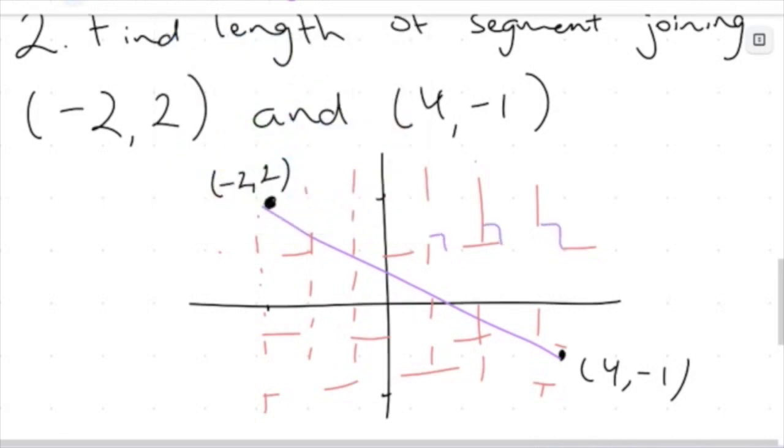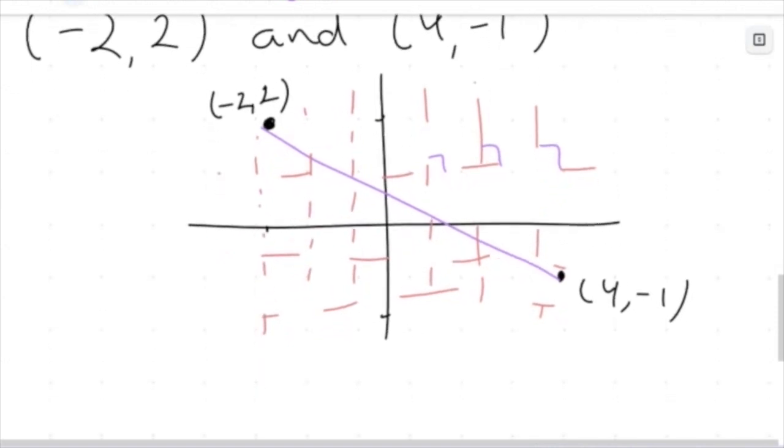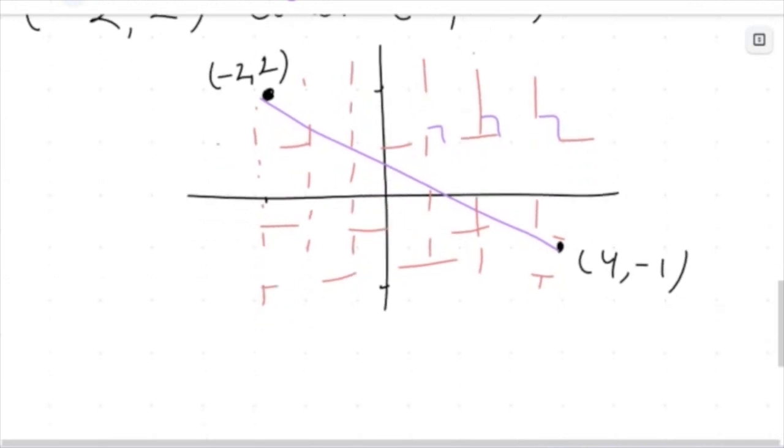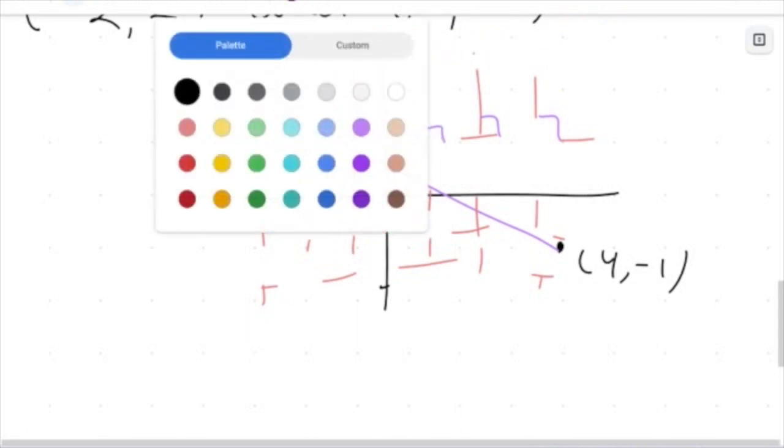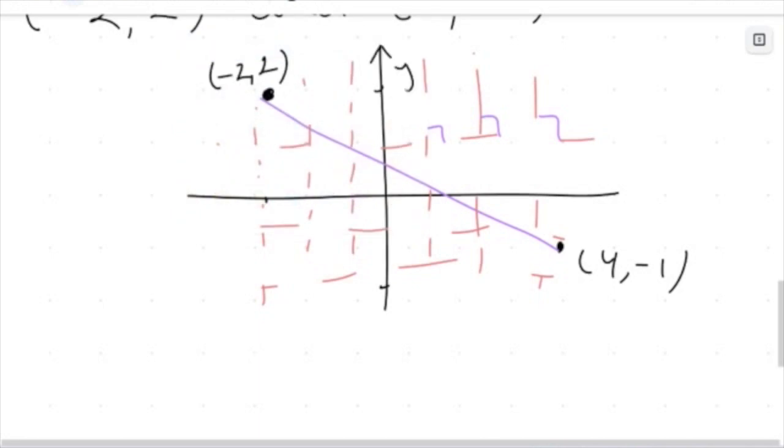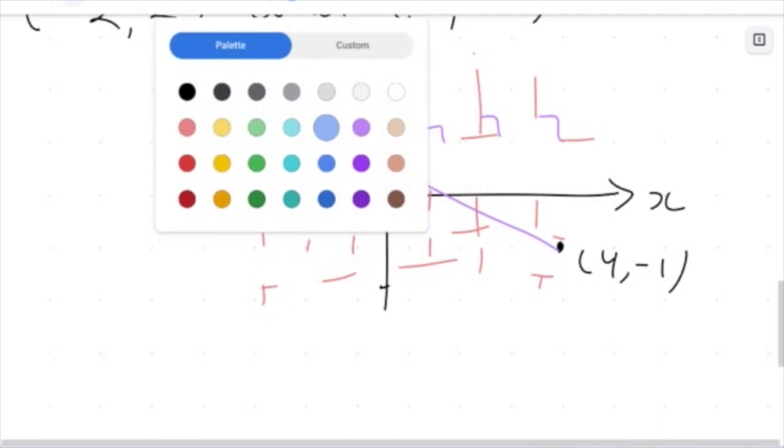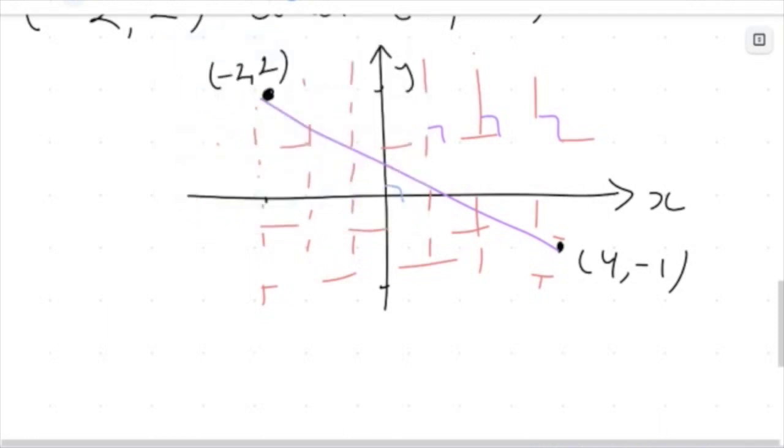The idea of anything perpendicular is that it makes a 90-degree angle. They meet at 90-degree angles. So my y-axis and my x-axis, those also meet at 90-degree angles, don't they? All of these little grid lines, you can even see on the grid paper, they all meet at 90 degrees.